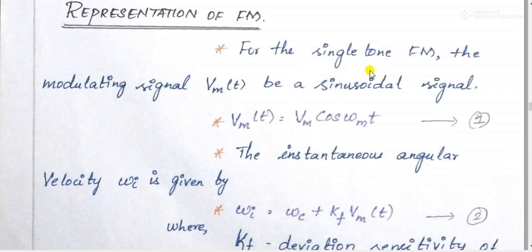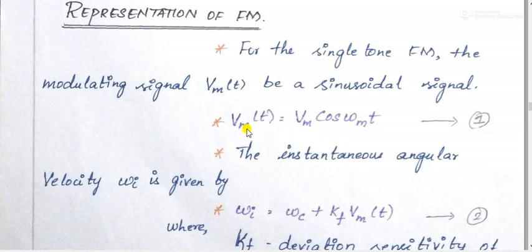For a single tone FM, the modulating signal Vm of t is a sinusoidal signal. Single tone FM means single frequency FM. See here, this is our modulating signal. This is to be transmitted from one place to another.